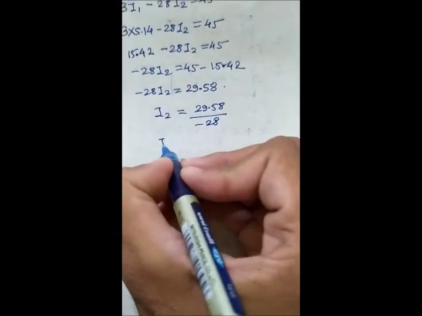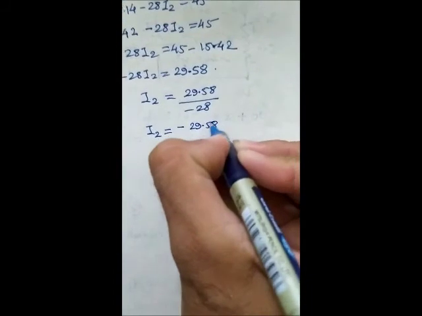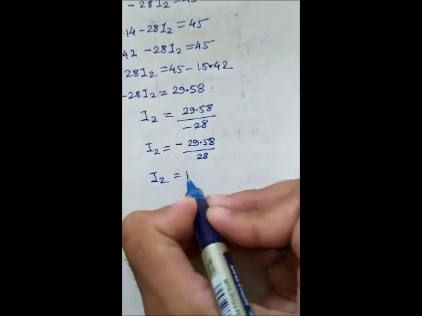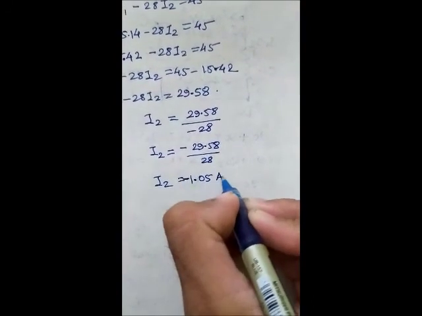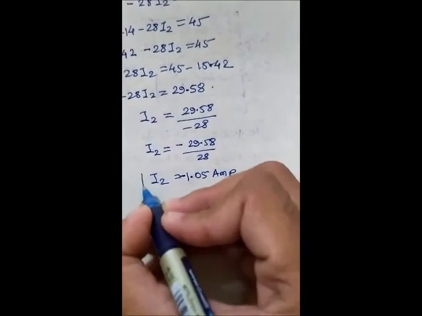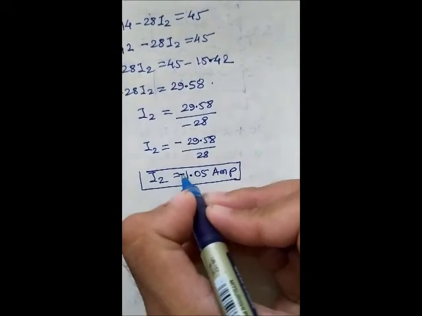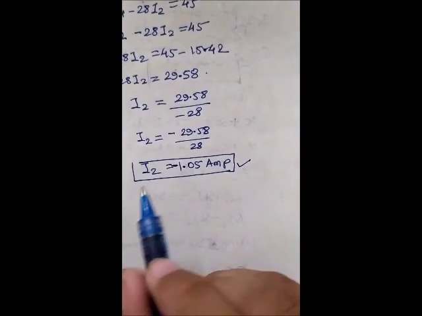Now the denominator sign is minus, it will go to the numerator, basic mathematics, and you will get the value of I2 as minus 1.05 ampere. Don't forget this minus, it is minus 1.05 ampere we have got.